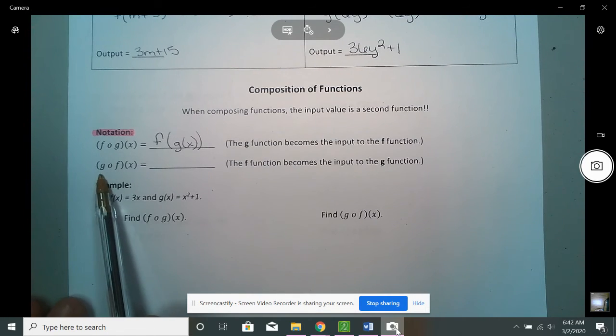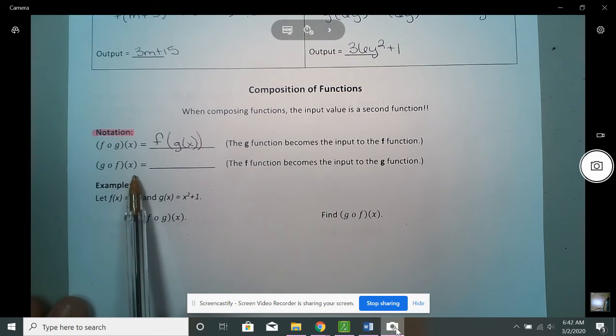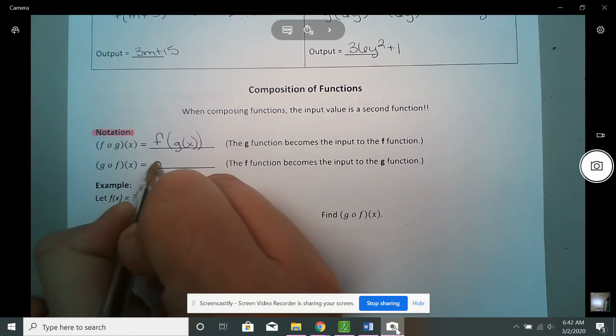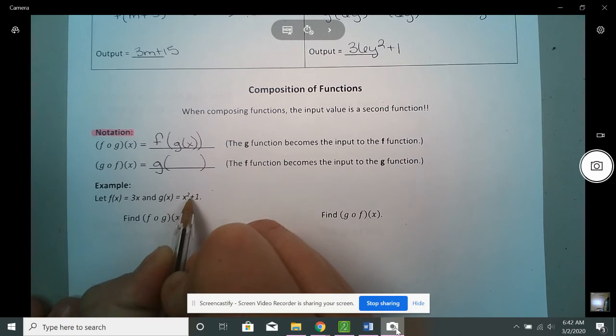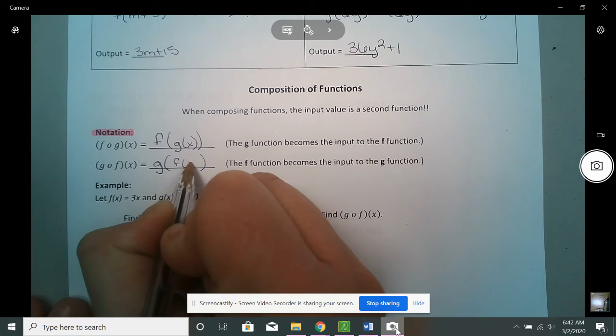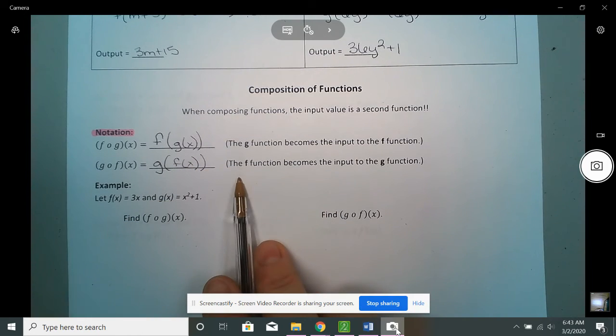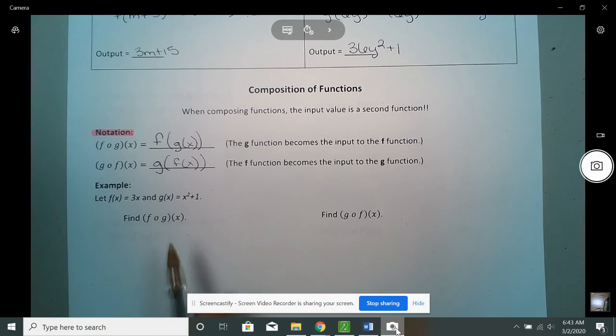If the letters are reversed, g of f of x, that's saying use the g function and input the f function. So the f function becomes the input to the g function. I know that's pretty confusing, so let's do an example. We're going to let the f function be 3x again, and the g function be x squared plus 1.